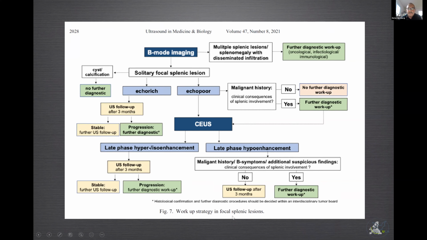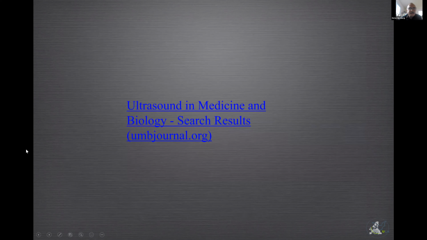That was the workup strategy of the authors of that WFUMB paper, and you can see it here. I hope you can read it. You have to look at the website of the WFUMB and then go to the Ultrasound in Medicine and Biology journal, look for the publication about incidental findings in the spleen, and you can download the paper.